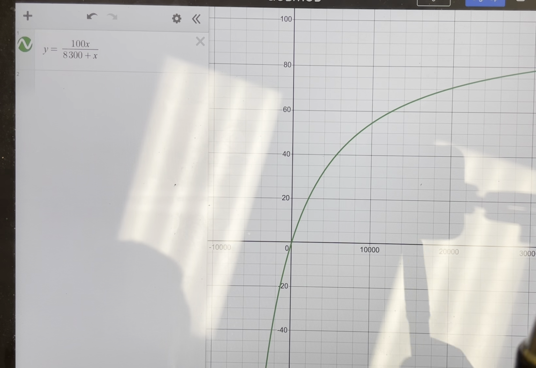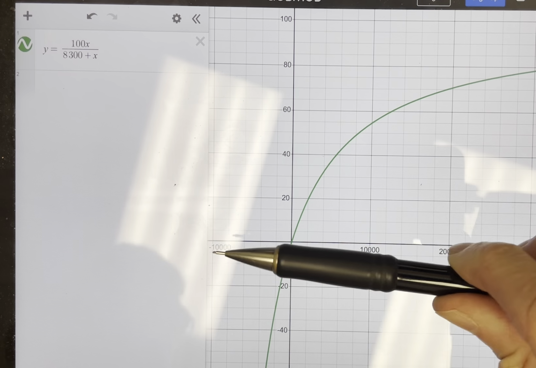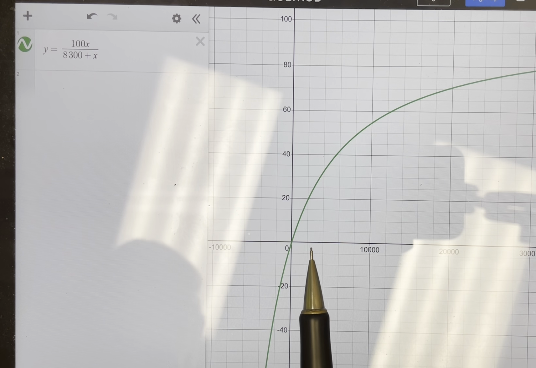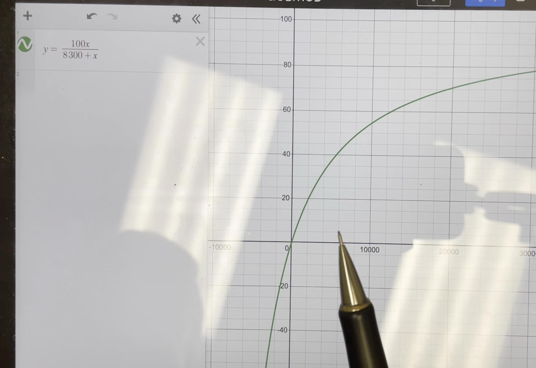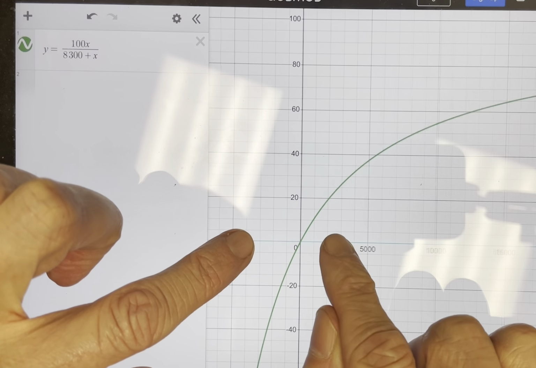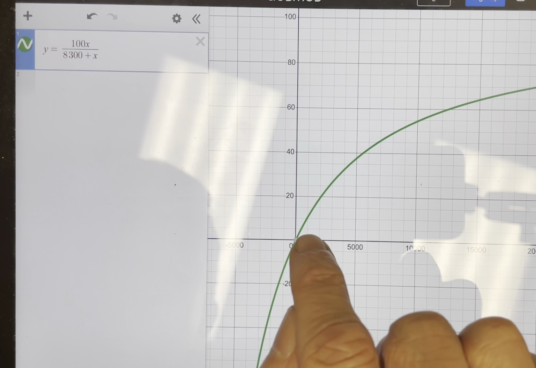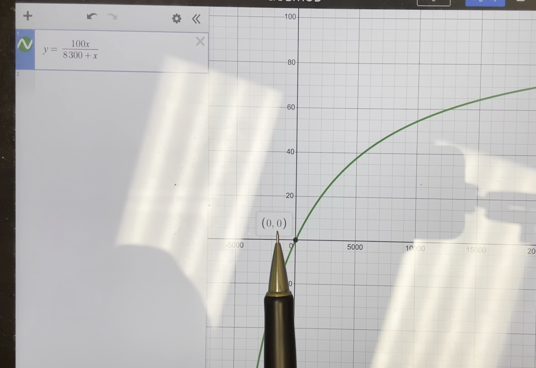Again, we're not going to spend negative money, so we're not over on this side of the graph. Remember, the x-axis is the money we're going to spend. But you can see with the origin, there's my 0, 0. If I spend $0, I will remove 0% of the particulate pollution.